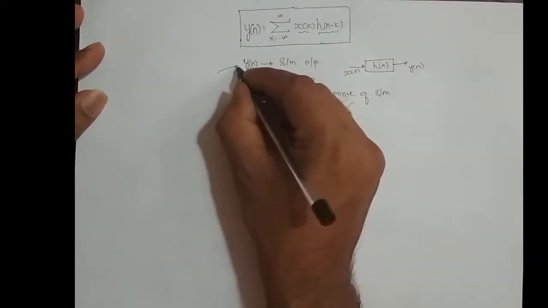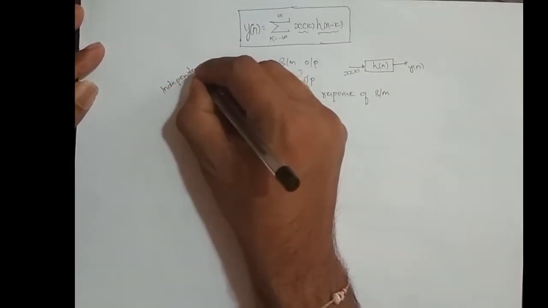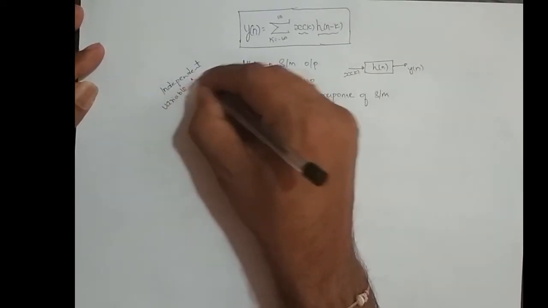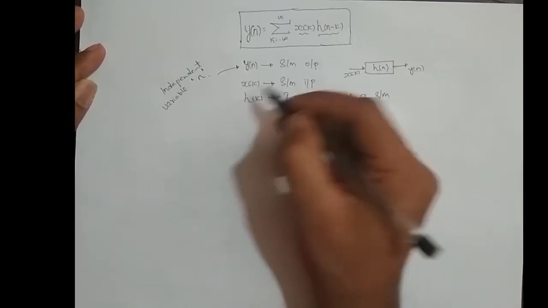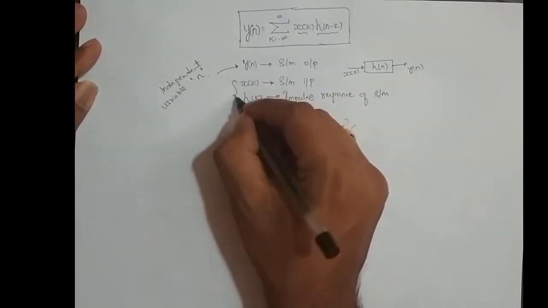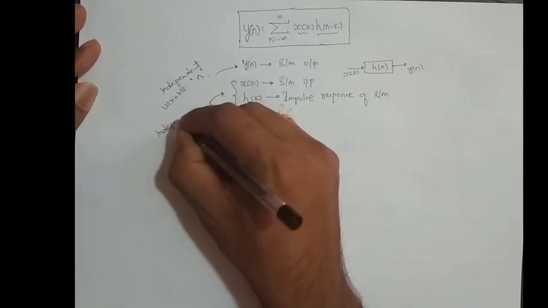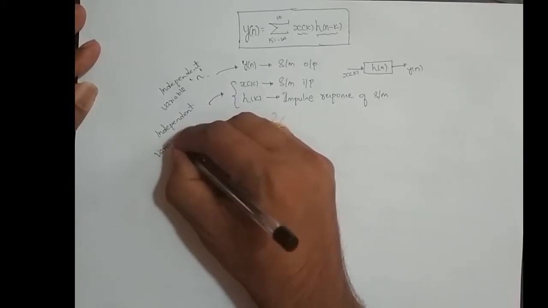Now this has independent variable n, which we are used to. We usually say x of n, y of n, h of n, like that, right? Whereas these two have independent variable k.